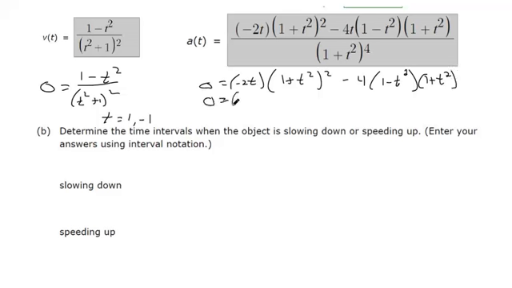And then if we expand that parentheses, it's 1 plus 2t squared plus t to the 4th. And then if you multiply those two parentheses together, you get 1 minus t to the 4th.